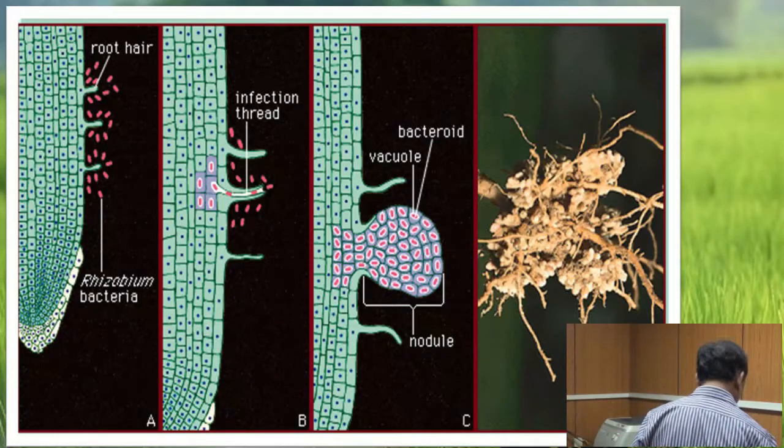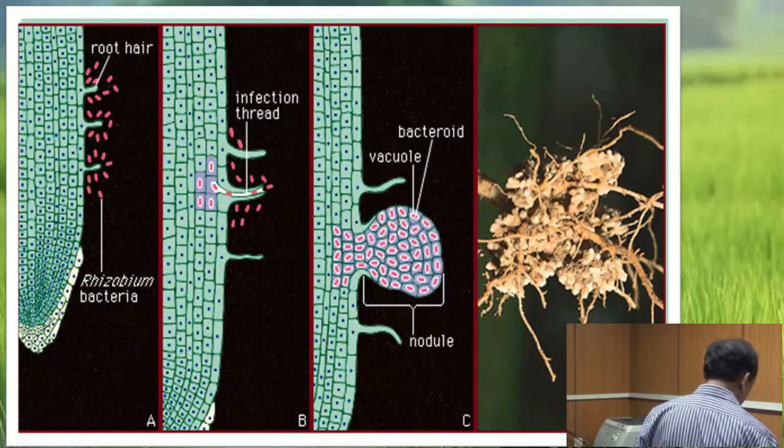You can see the Rhizobium bacteria enter the root cortex from the root hair thread. In slide B, they enter the root cortex, and the cortex swells as they multiply, 2 to 4, 4 to 8, 8 to 16, 16 to 32.